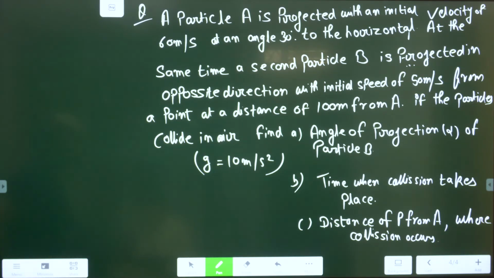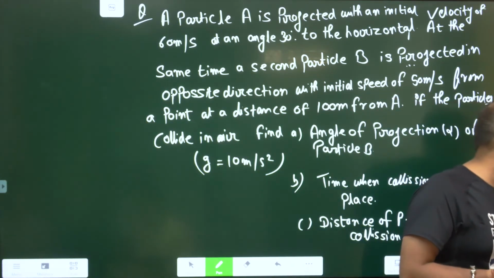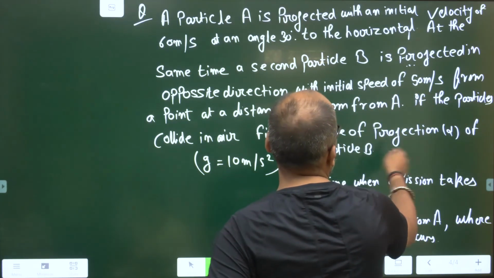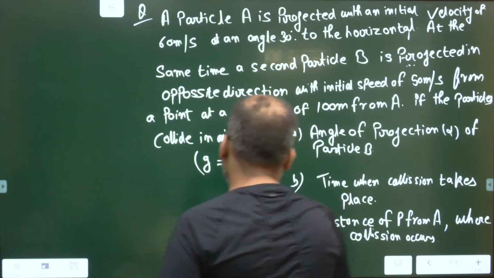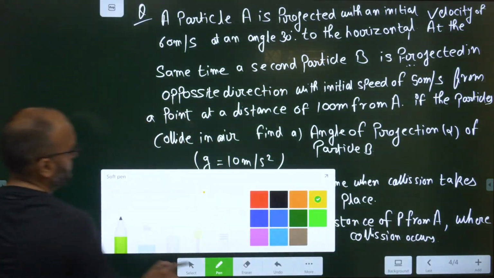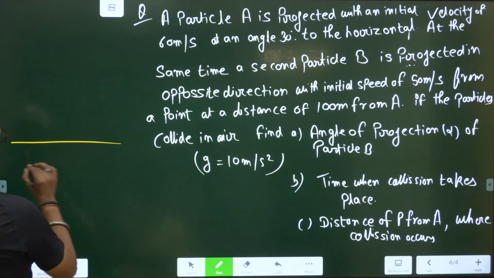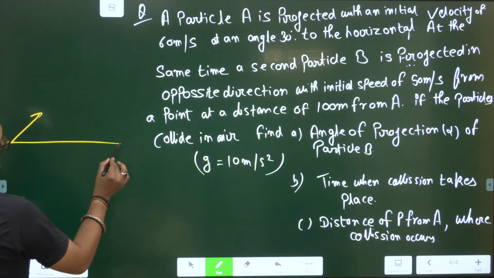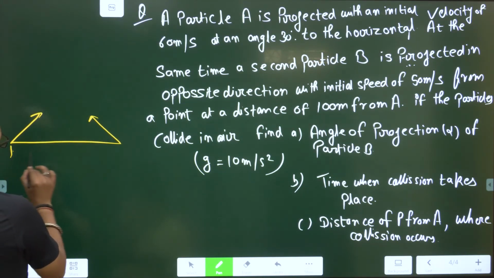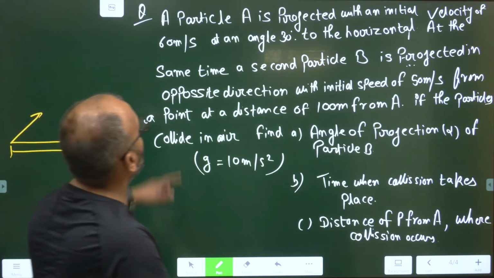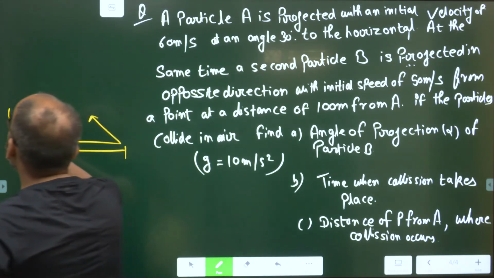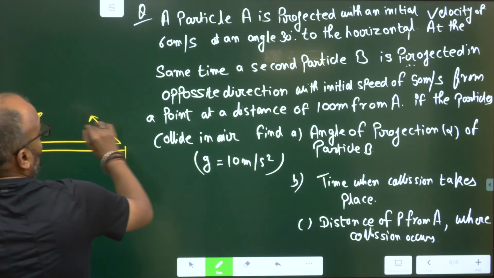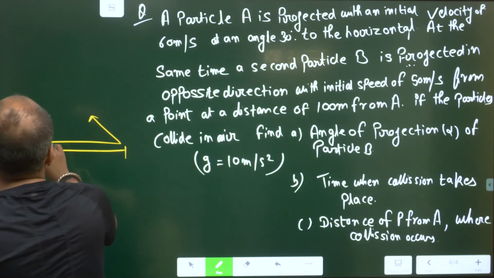Okay guys, let me hint it out. Angle of projection, please see. It is saying that there are two particles, and the distance between them is also given. A particle A is projected with an initial velocity of 60 meters per second at an angle of 30 degrees.